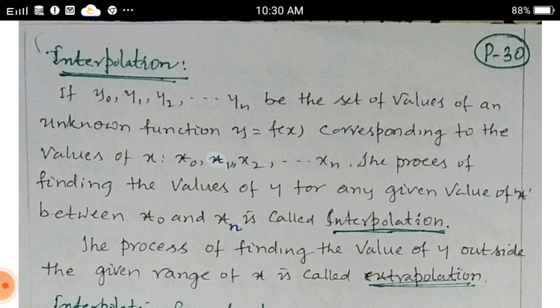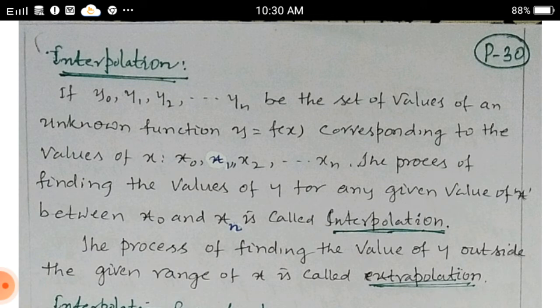So, the definition of finite differences we defined: let y is equal to f of x. f of x naught is equal to y naught, f of x1 is equal to y1, f of x2 is equal to y2, and so on, f of xn is equal to yn at the equidistant values of x: x naught, x1, x2, x3, and so on, xn.